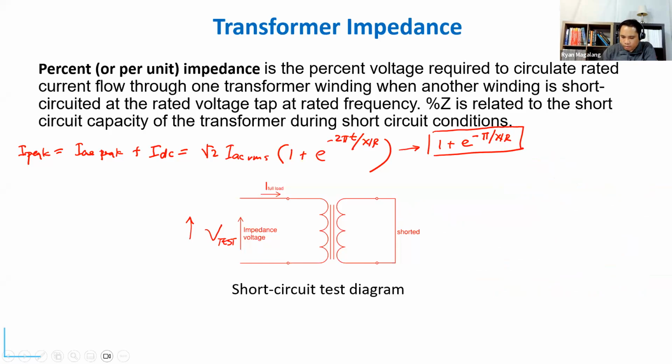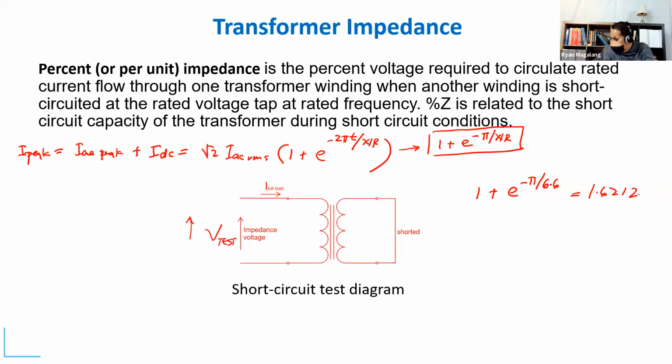So looking at this expression, I would put 1 plus e to the negative pi divided by 6.6, and that is roughly equal to 1.6212.